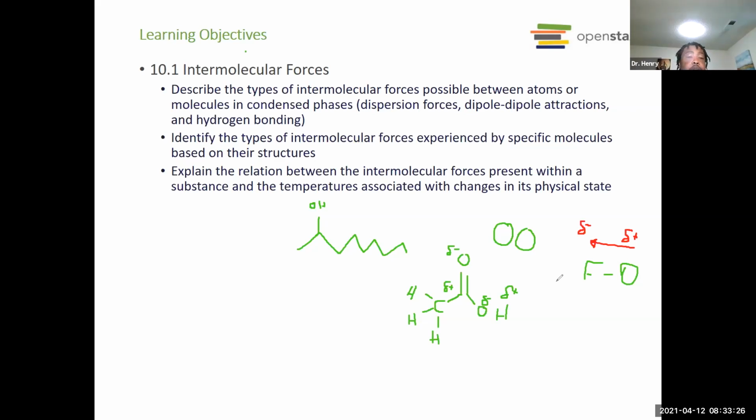So if I have two dipoles, they're able to form a dipole attraction. The positives are going to attract to the negative component, and the negative is going to attract to the positive component. So if I have a solution of these guys, this guy is going to interact with this guy.